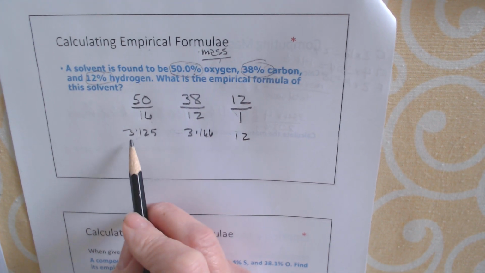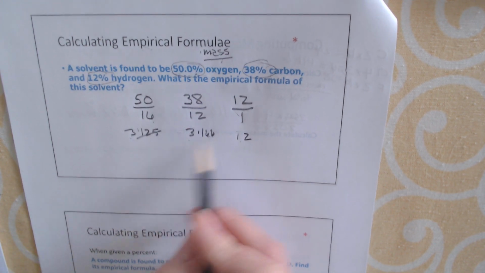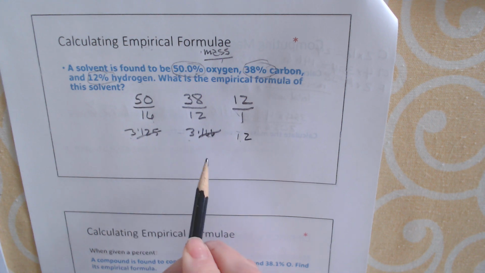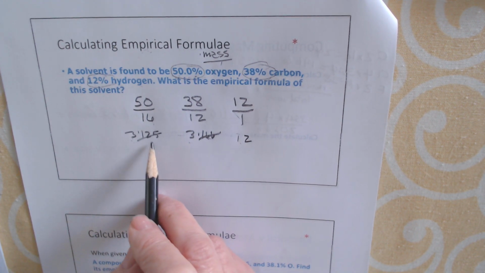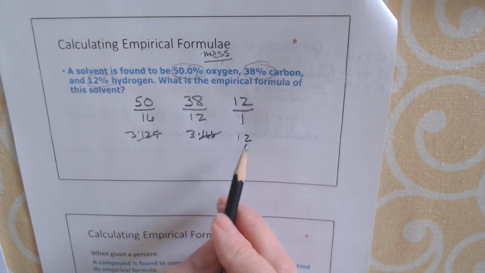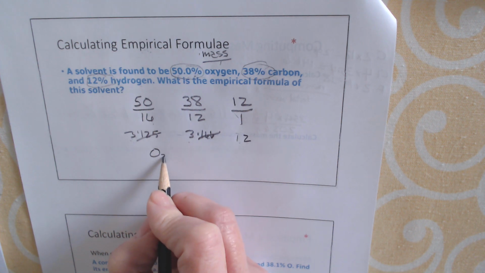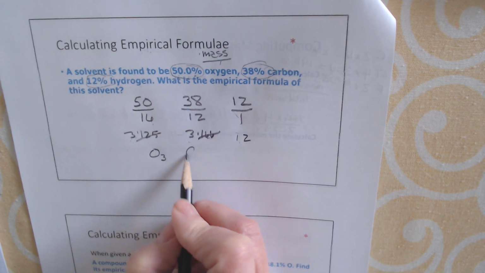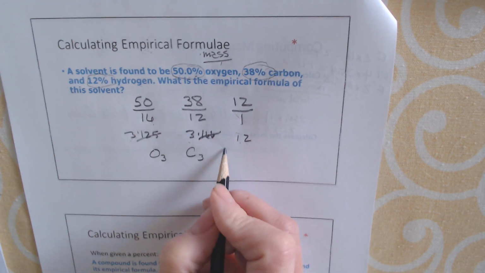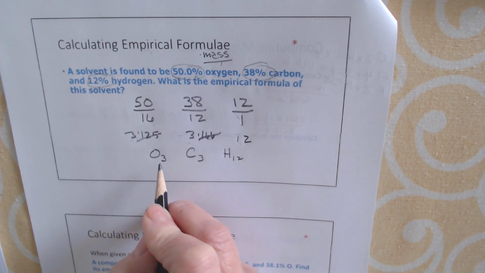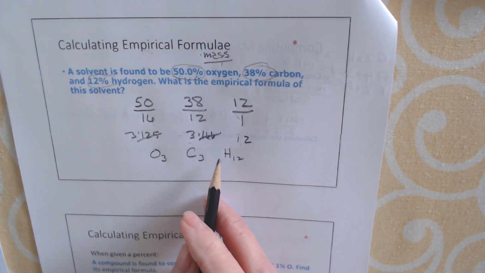I've got these. So what do we do about that? Well, I say good enough, right? These are close enough to an integer that I'm just going to ignore those. Okay, and then I look and I say, oh my goodness, look at this. I've got 3, 3, 12. So I've got oxygen 3, carbon is 3, and then my hydrogen is 12. Now, when you look at this ratio, you say, could this serve as an empirical formula?